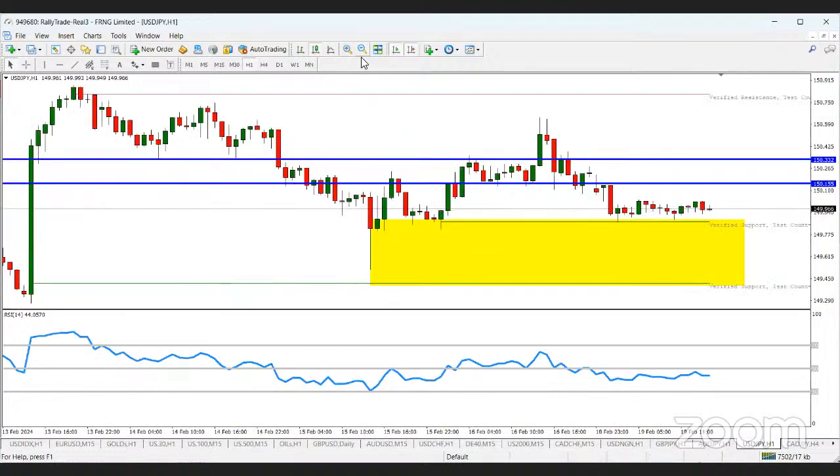So we can have our buy at 150.155, take profit at 150.330.